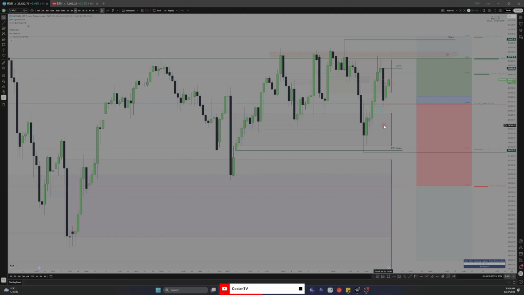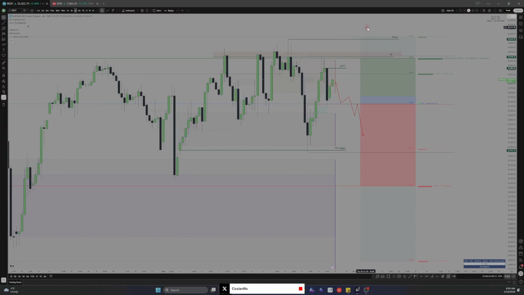and even so we can look at the fact that the price has dug deep into this balanced price range. However, we would need to see this imbalance inverted here, the price to come all the way down here, invert this imbalance to then make its way down into the bodies of the candles here on the 4-hour.